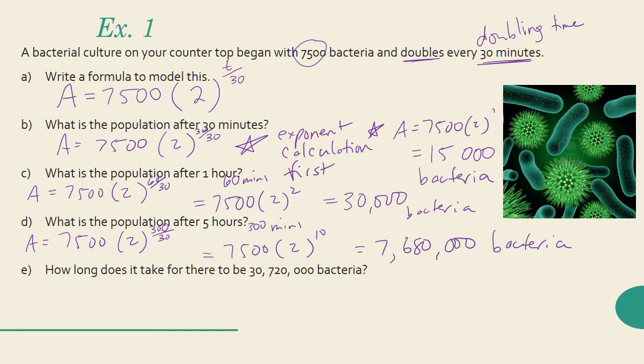You already know 2 to the 10 gives you 7 million, so we should be picking a number bigger than 10. Let's try 11. Didn't get it.